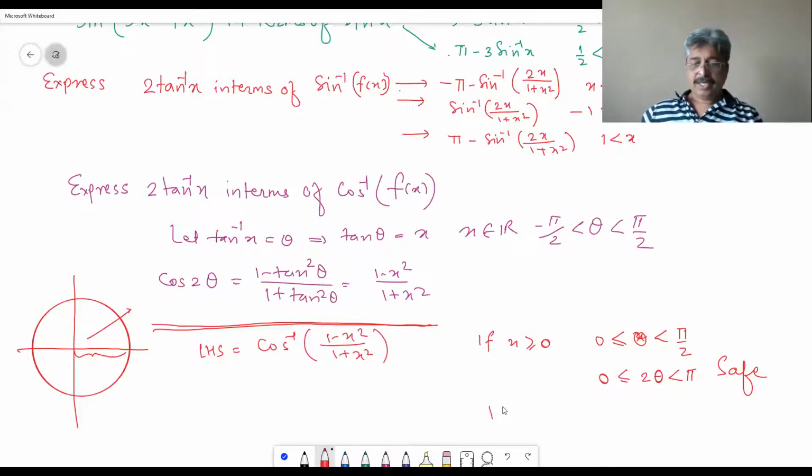Okay, and if x is less than 0, that means your terminal ray is in the second quadrant, and you double it. So if x is less than 0, that means minus pi by 2 is less than theta, theta is less than or equal to 0. The equality is not allowed.